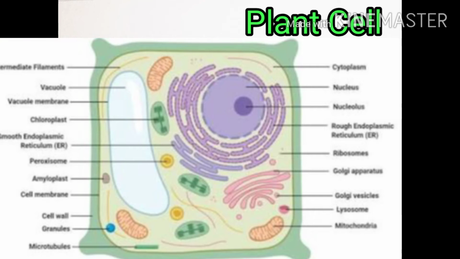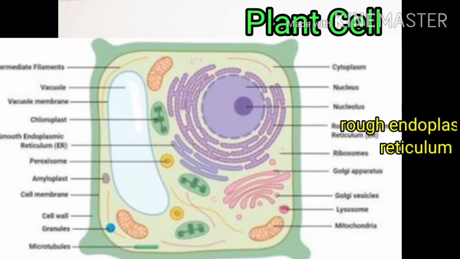Golgi body, sometimes also known as dictyosomes, synthesizes polysaccharides and packages them in vesicles which migrate to the plasma membrane for eventual incorporation in the cell wall.